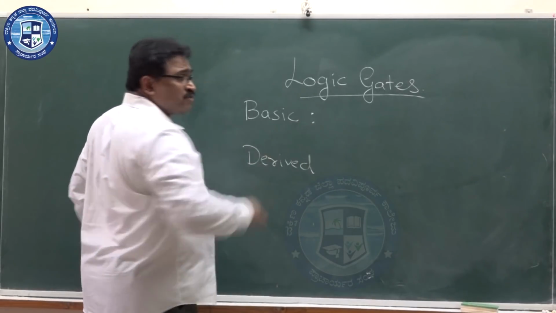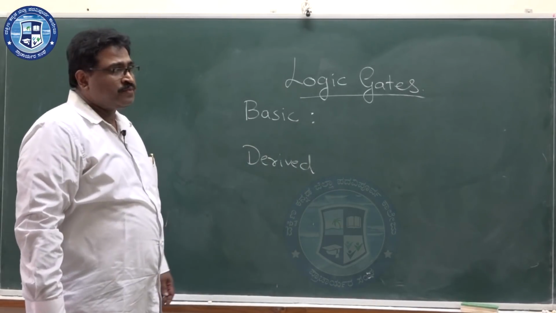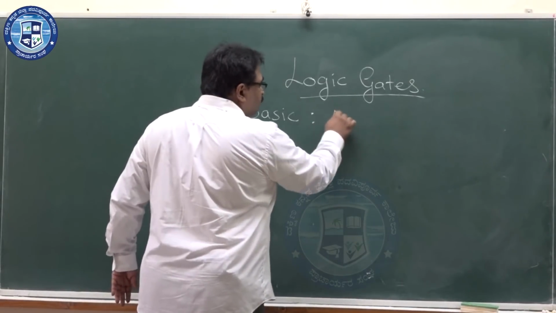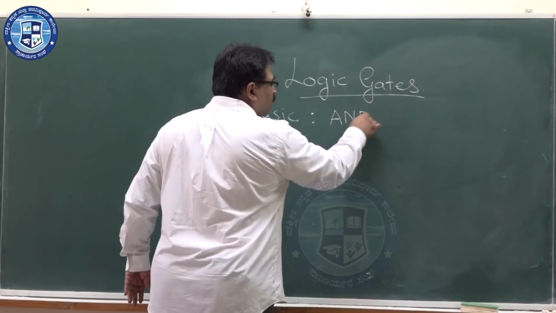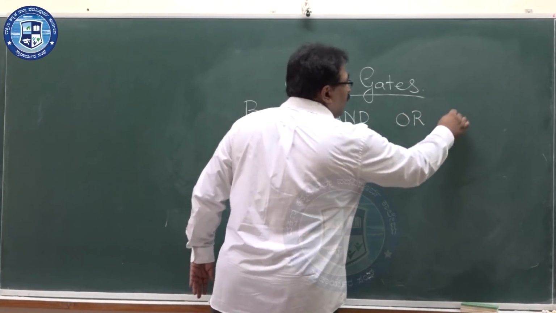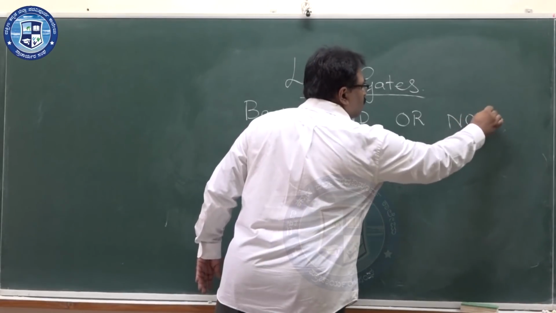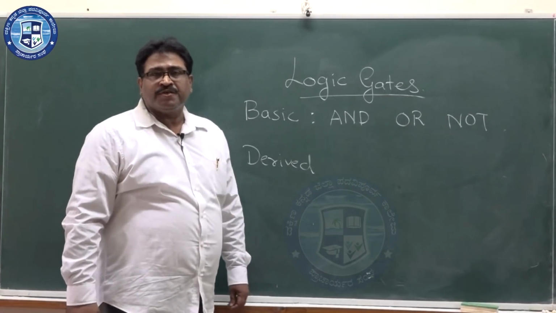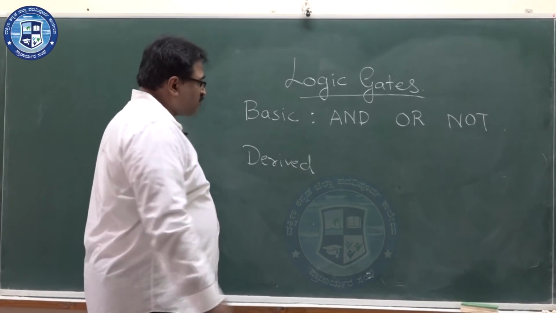So which gates come under basic gates? One is AND, OR and NOT gate. These are the three gates which come under basic gates. Which are the derived gates?